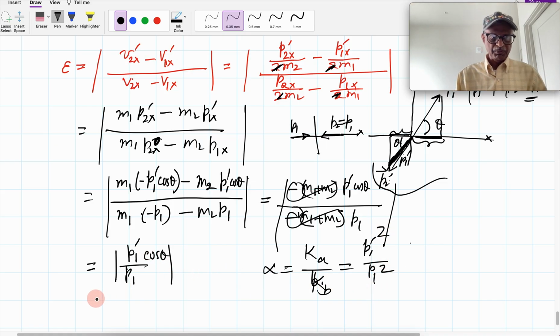So cosine theta will be positive for the forward scattering, negative for the backward scattering.